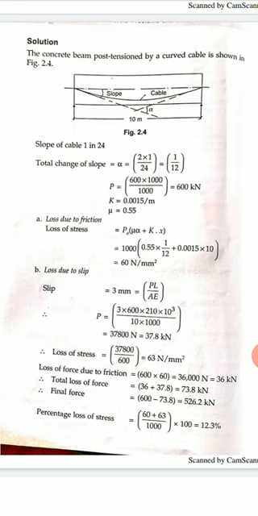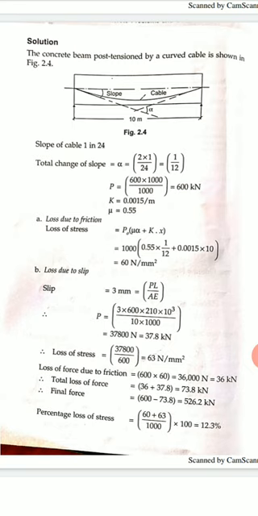Therefore, loss of force due to friction: how much force is lost? Let us convert the stress into force. That is, loss is 60, multiplied by 600 which is the area, so we get the answer as 36 kilonewton. So out of 600 kilonewtons, 36 kilonewtons is lost by the frictional effect. The loss because of slip we get directly in kilonewton itself, which is 37.8.